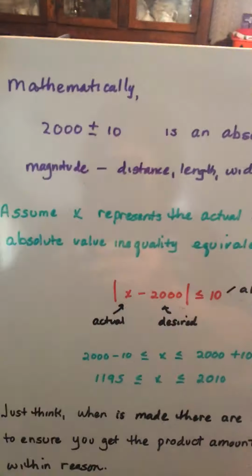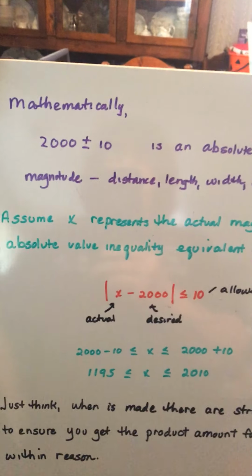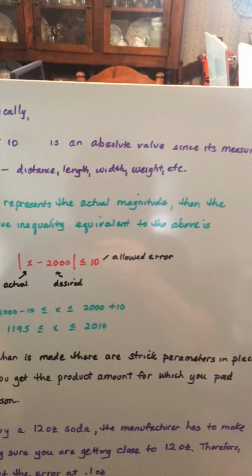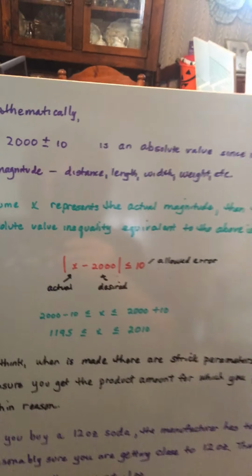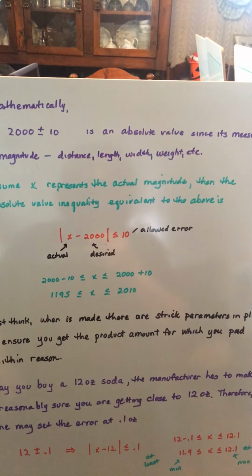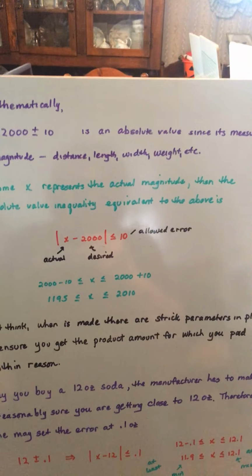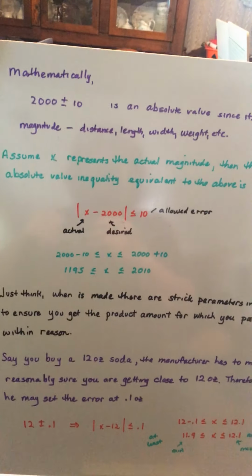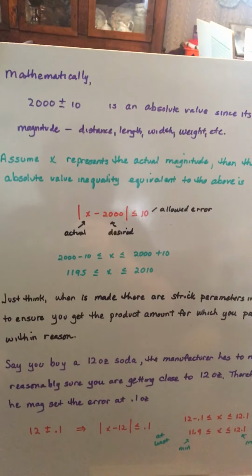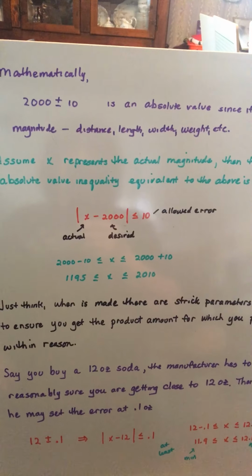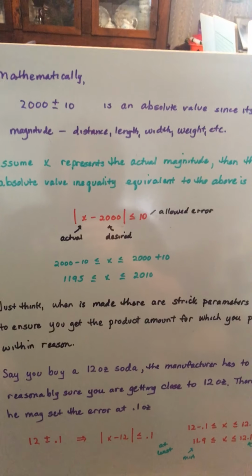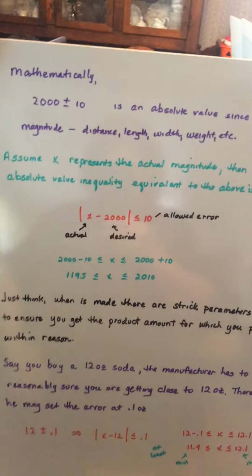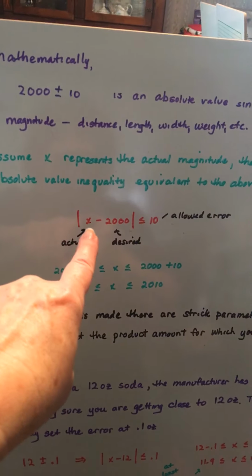Now, mathematically, when we see this, our brain should come to the fact that it's an absolute value since it is measuring a magnitude. Magnitudes are distance, length, width, weight, height. Just think of whatever you can measure. We're going to assume that x represents the actual magnitude that we need. So what do I do when I write an inequality? Here is my actual value.